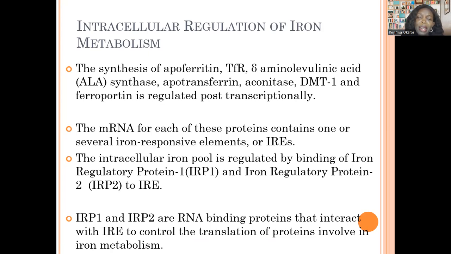The messenger RNA for each of these proteins contains one or several iron-responsive elements.